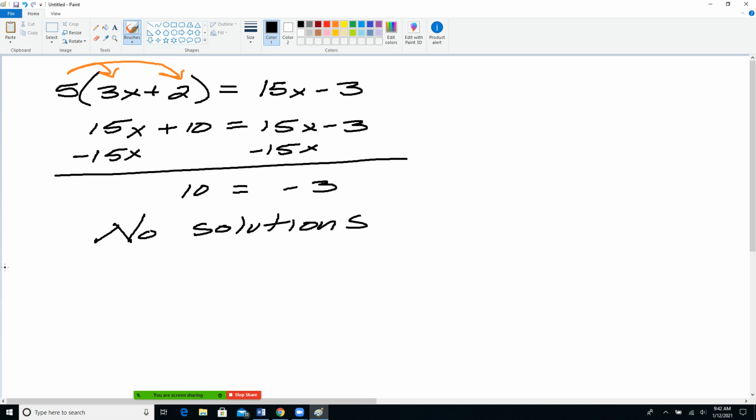You're going to have to write a sentence as an inequality.